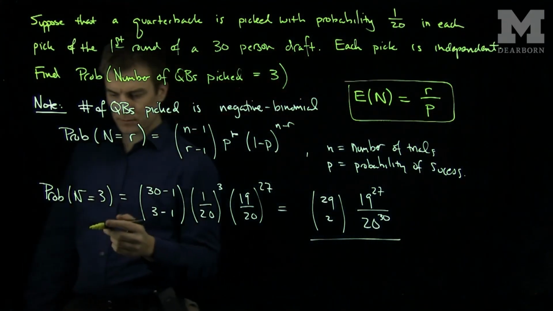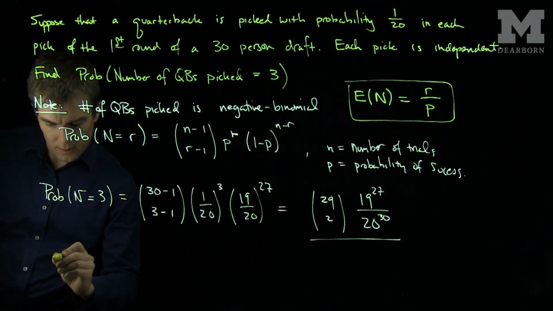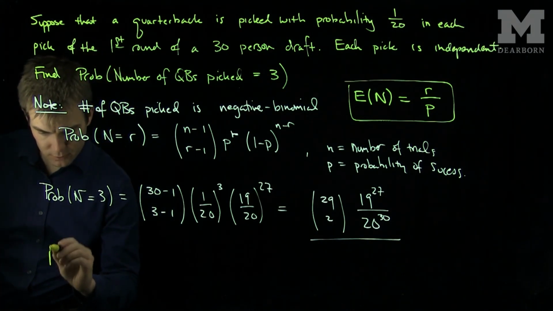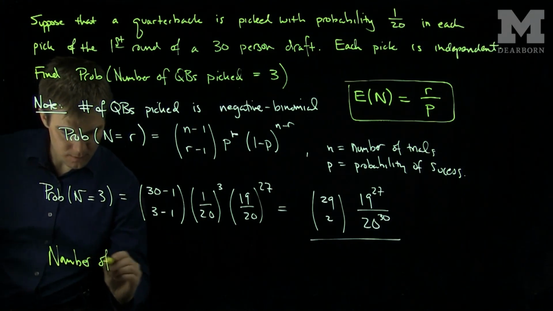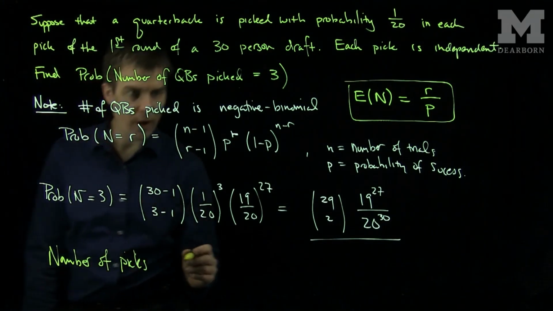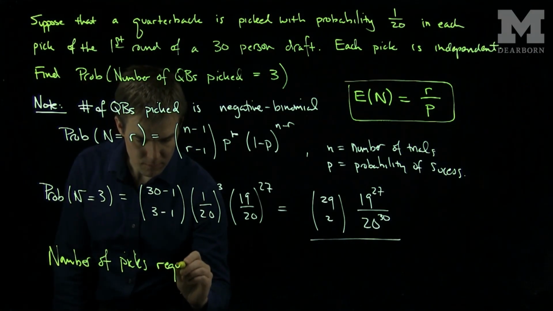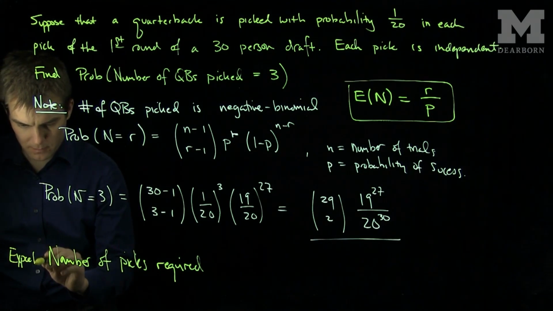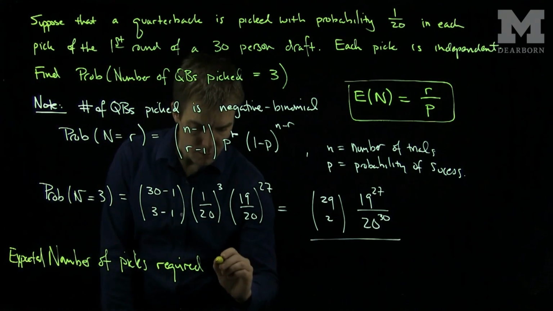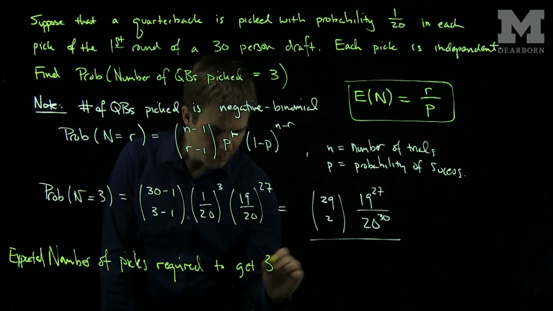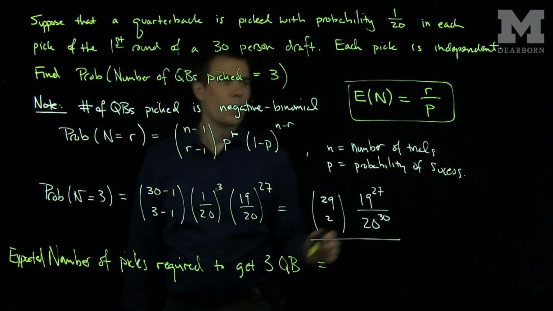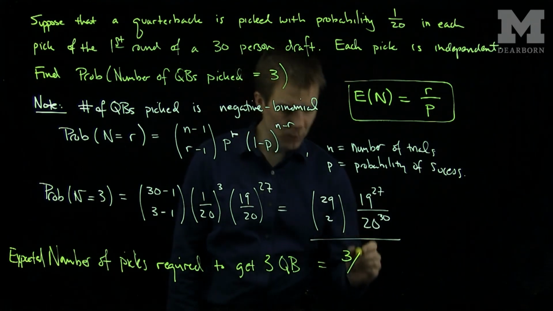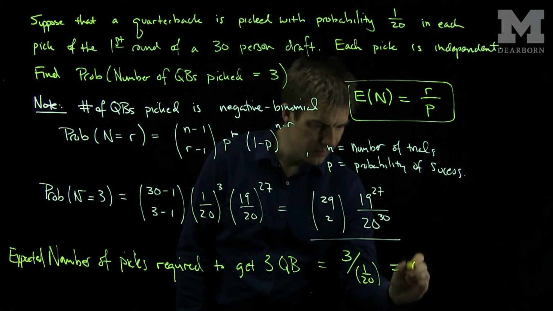So in this problem, if we want to find the expected number of trials, the number of picks required to get 3 quarterbacks, it will be r, 3, over p, which in this case is 1/20, which will give me a 60.